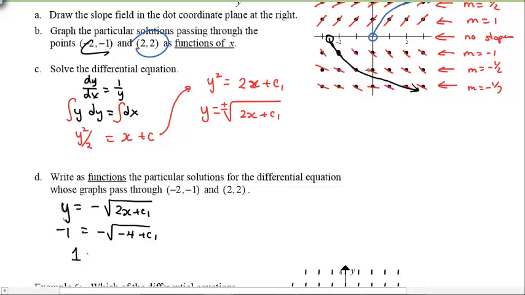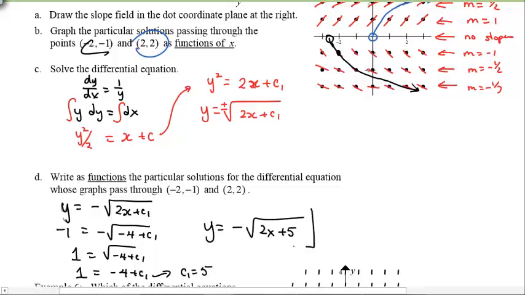So that's 1 equals the square root of negative 4 plus c1. We square both sides. I don't have to show you all these steps, but I'm going to anyways. You get the c value being equal to 5. And then y equals negative root of 2x plus 5 is the equation in black.